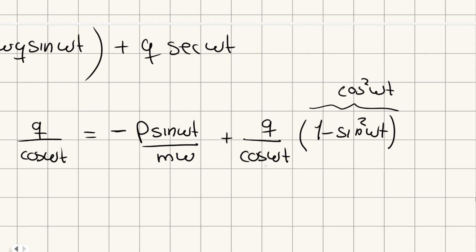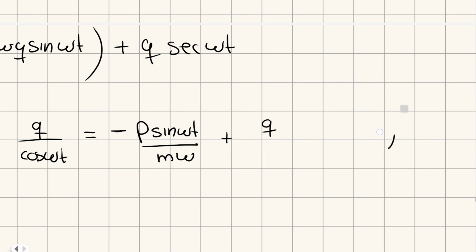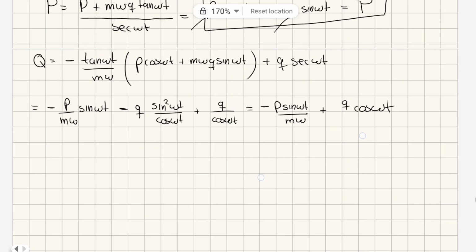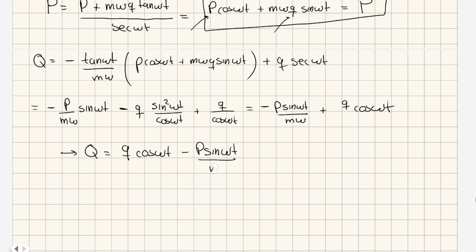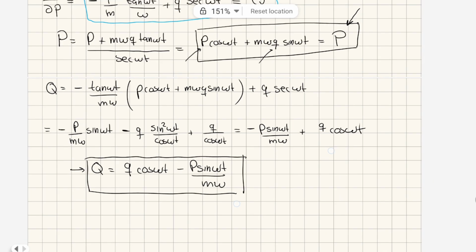So cosine squared divided by cosine, it will be just a cosine in the numerator. So we will have q times cosine omega t here. Perfect. So this will be q equals q cosine omega t minus p sine omega t divided by m omega. And here is the q in terms of the little q and the little p, completing the transformations that we were looking for.